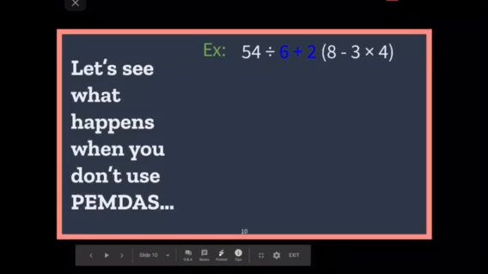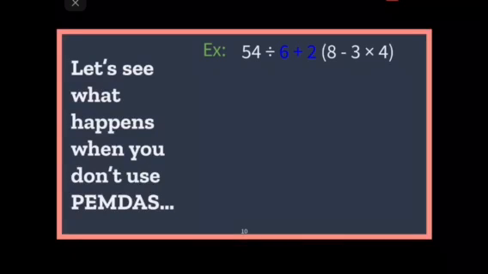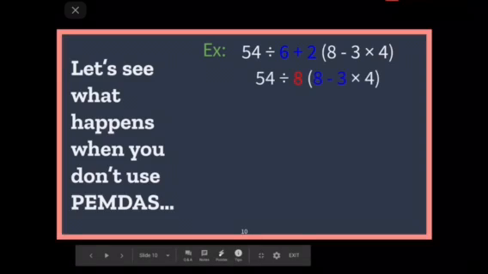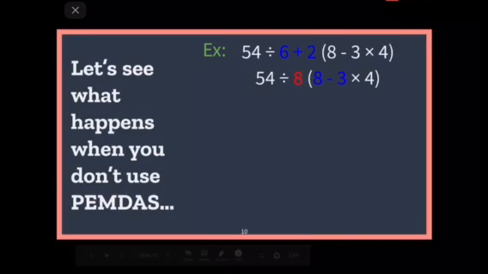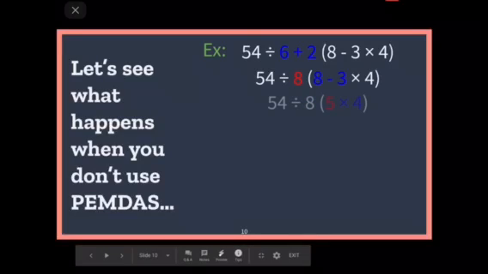Now let's see what happens when you don't use PEMDAS. For this problem, we won't follow any particular order. So we'll just start anywhere at 6 plus 2, which is 8. Then we'll jump into the parentheses and do 8 minus 3, which is 5. Then 5 times 4 equals 20.